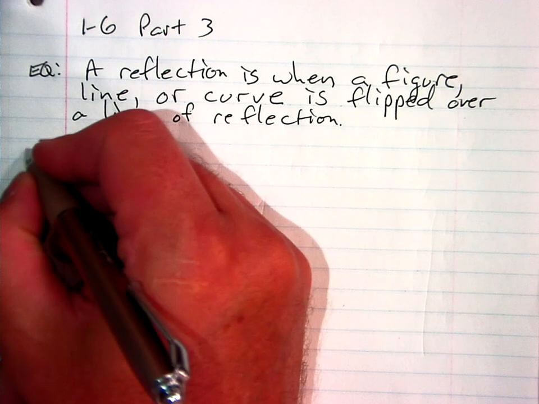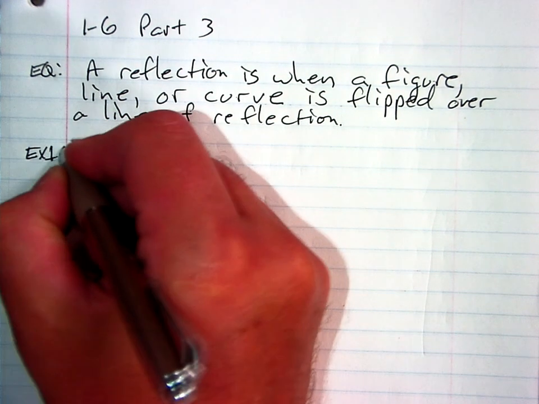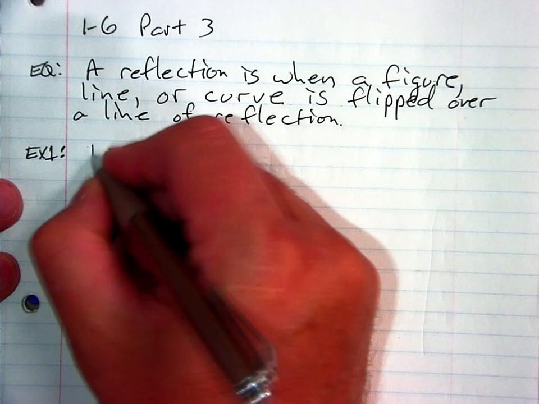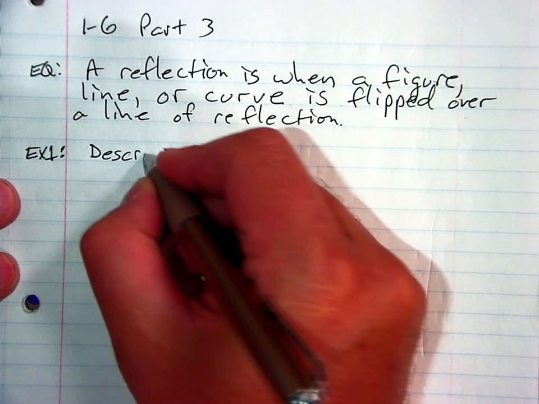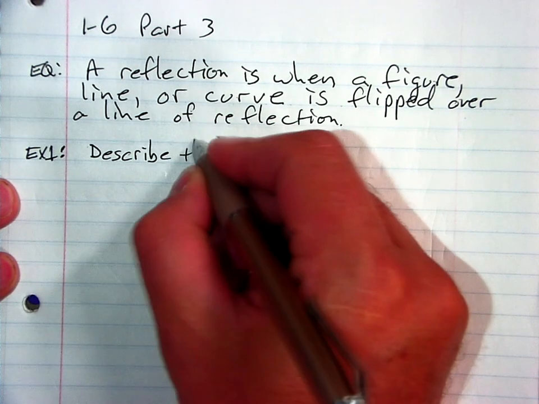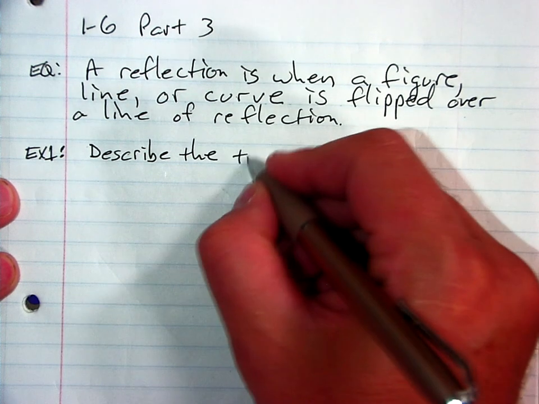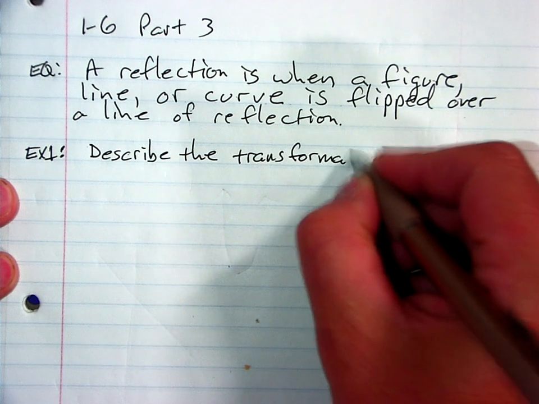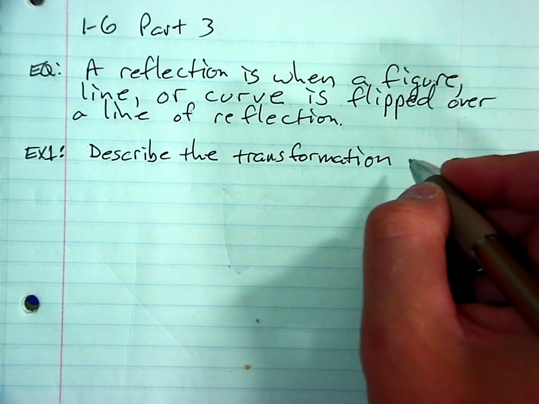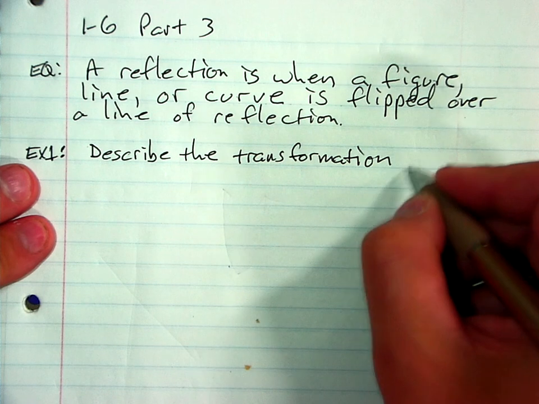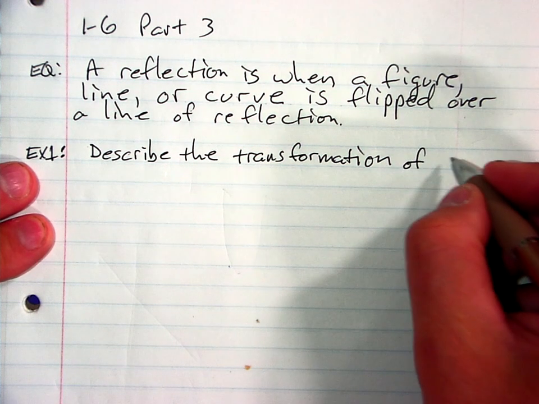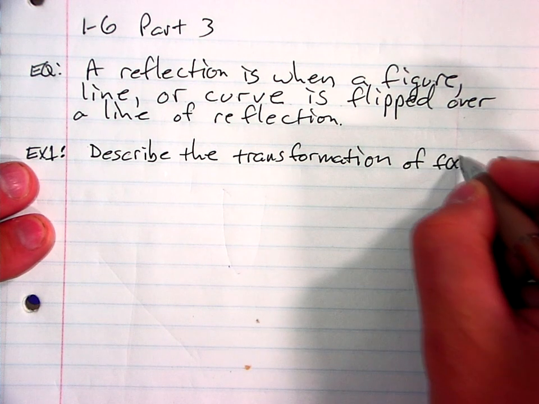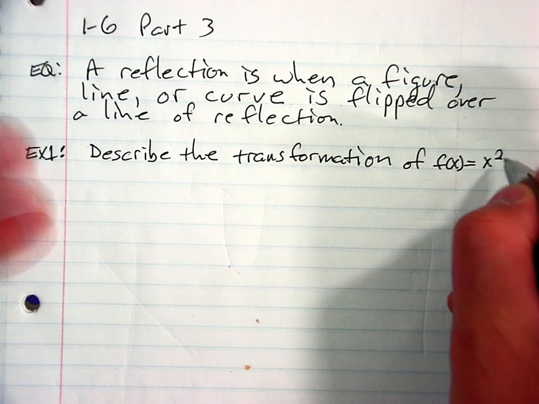All right, example 1. Describe the transformation of f of x equals x squared.